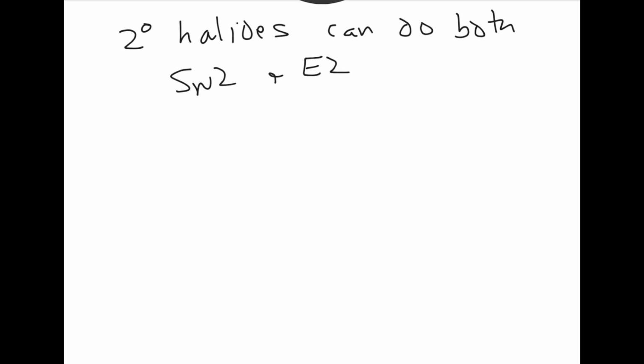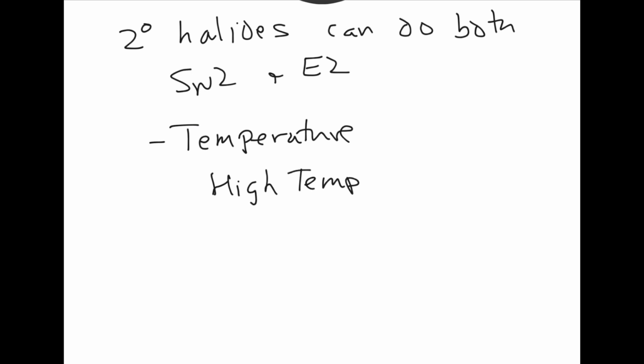So how do I differentiate these? What I do to differentiate these is I use temperature. What I say is that high temperature, which I set to be 20 degrees C and above, is going to favor an E2 elimination.